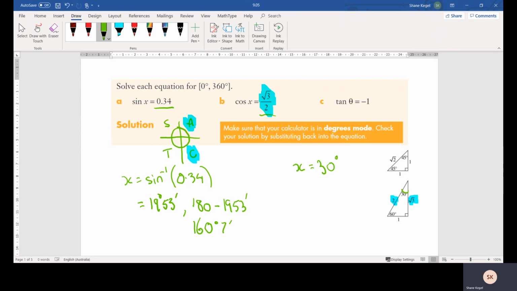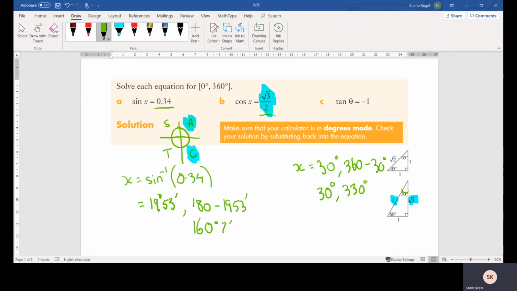Now I need to factor in my quadrants. In the first quadrant, where cos is positive, it is 0 plus our angle, or 30 degrees. In the other quadrant where it's positive, the fourth quadrant, it's 360 minus my angle, so it could be 30 degrees or 330 degrees.